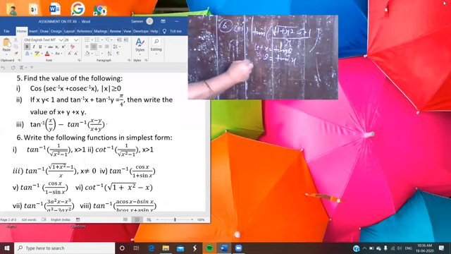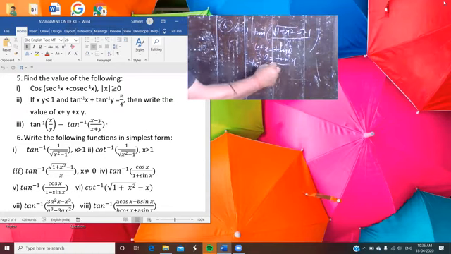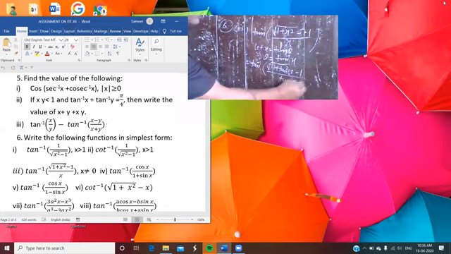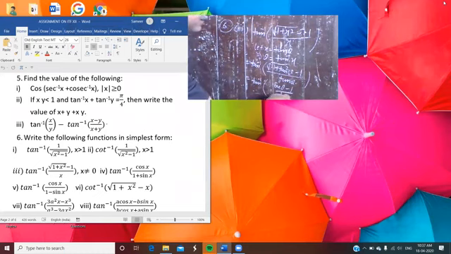So put it there. That is equal to tan inverse of under root 1 plus tan square theta minus 1, whole divided by tan theta, and that is equal to tan inverse of sec theta minus 1 upon tan theta. Convert that into sine and cos.